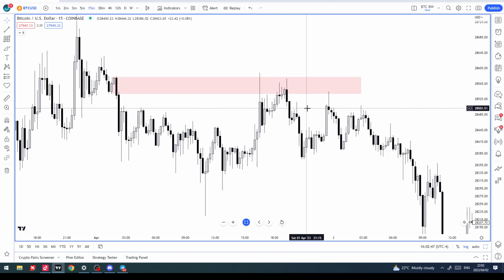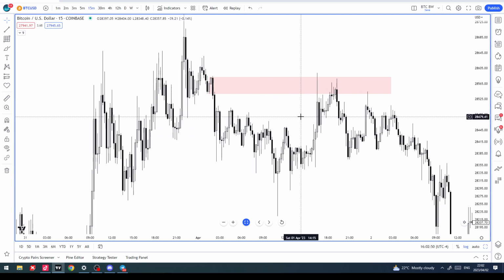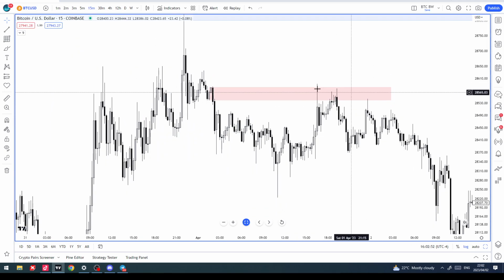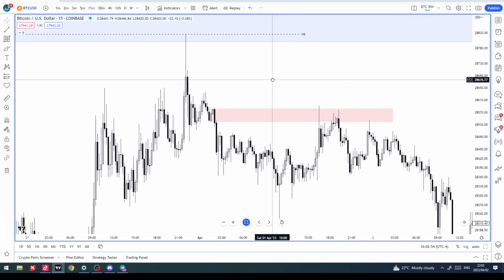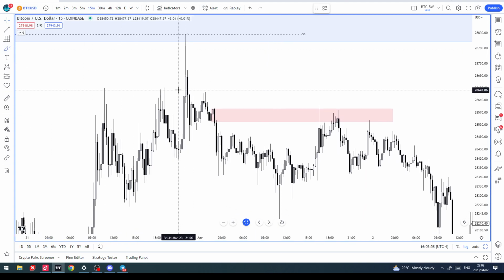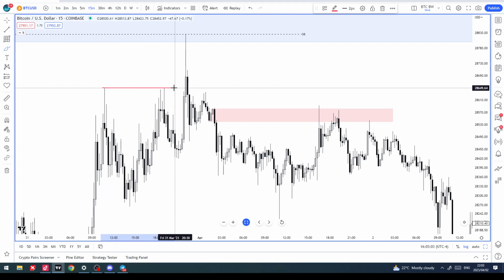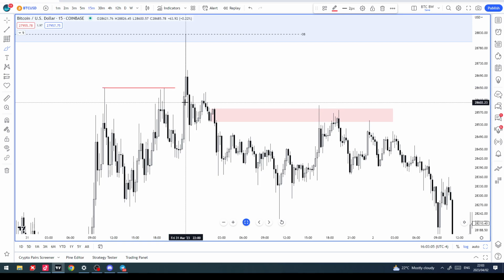So the model, you only really need one model, right? All you need is, if you are bearish, you need a run on buy side. If you are bullish, you need a run on sell side. So if I'm bearish and this is buy side, this is the candle that ran it, got traded through. Usually what you would notice is that the actual level that was run through that created the CSD becomes resistance in itself.